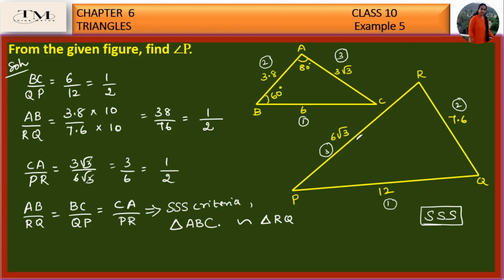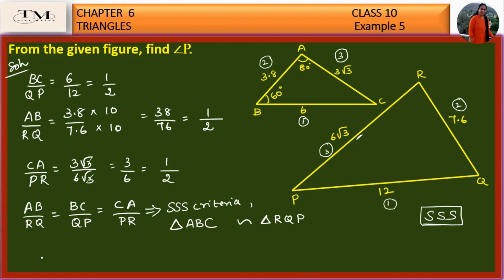Next BC is QP. Q is already there, right? Then P. This is the order in which you have to write the triangle names. So we have triangle ABC similar to triangle RQP.